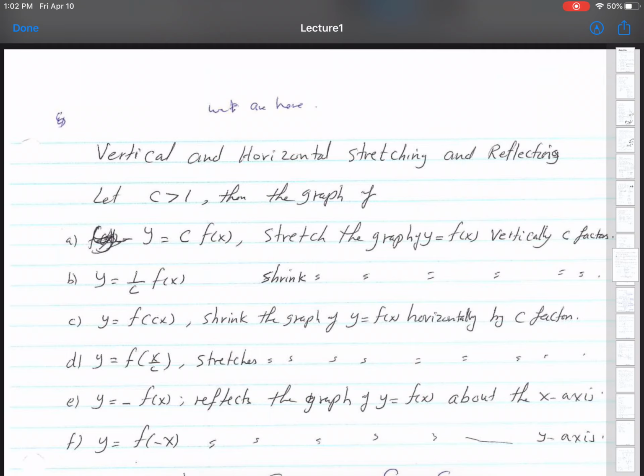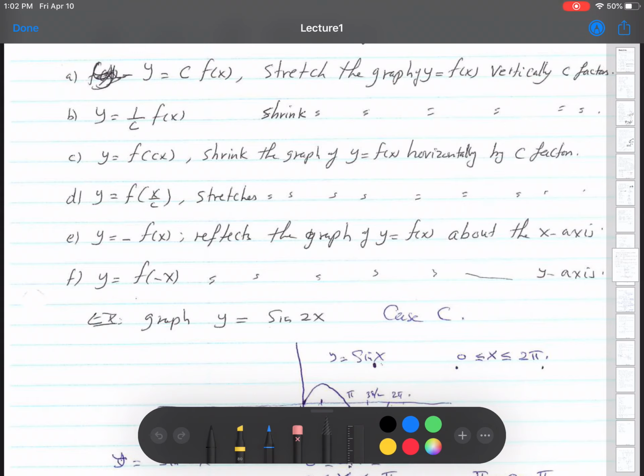If y is equal to c f of x, stretch the graph y equal to f of x vertically by a factor of c. If it is 1 over c f of x, then shrink the graph vertically by a factor of c. If it is y equal to f of cx, then shrink the graph horizontally by a factor of c. If it is y equal to f of x over c, then stretch the graph horizontally by a factor of c.